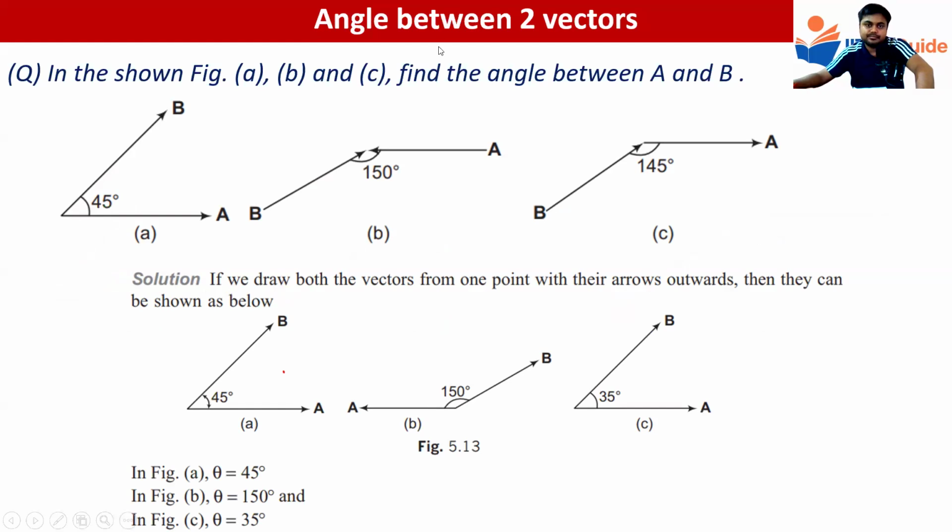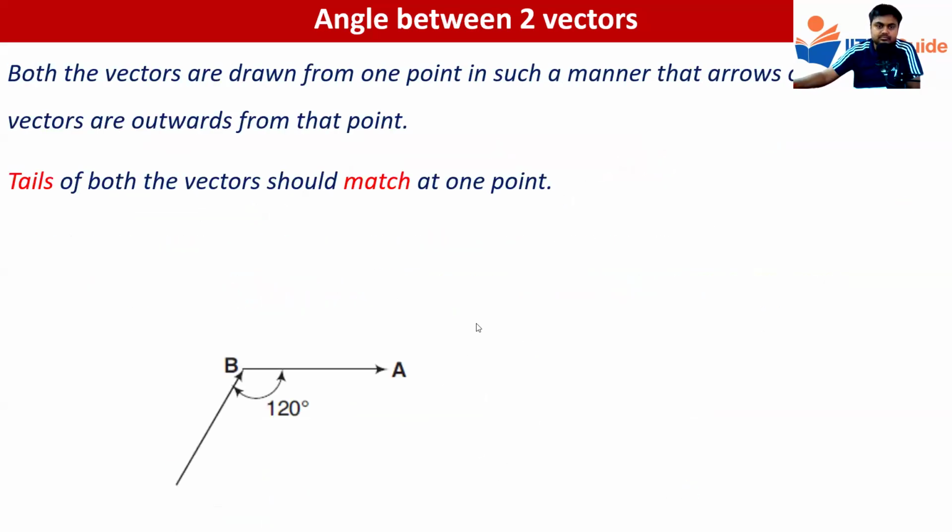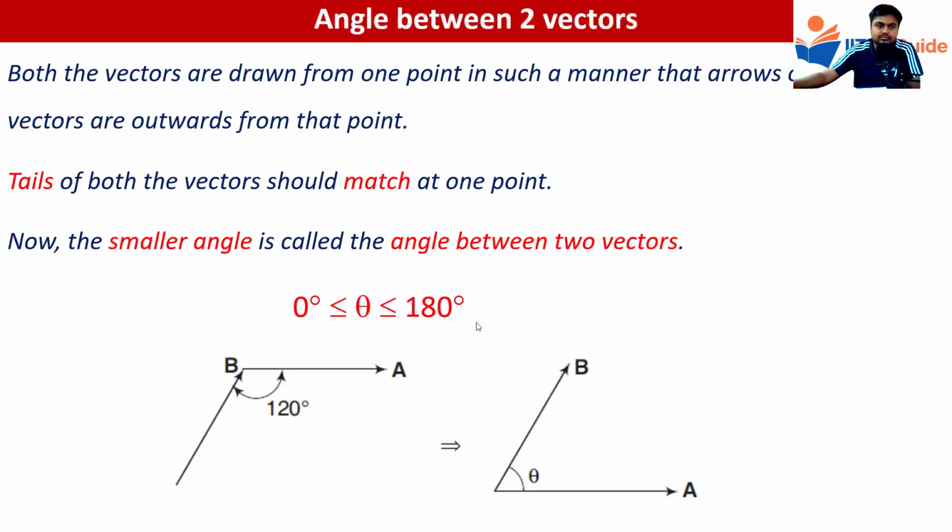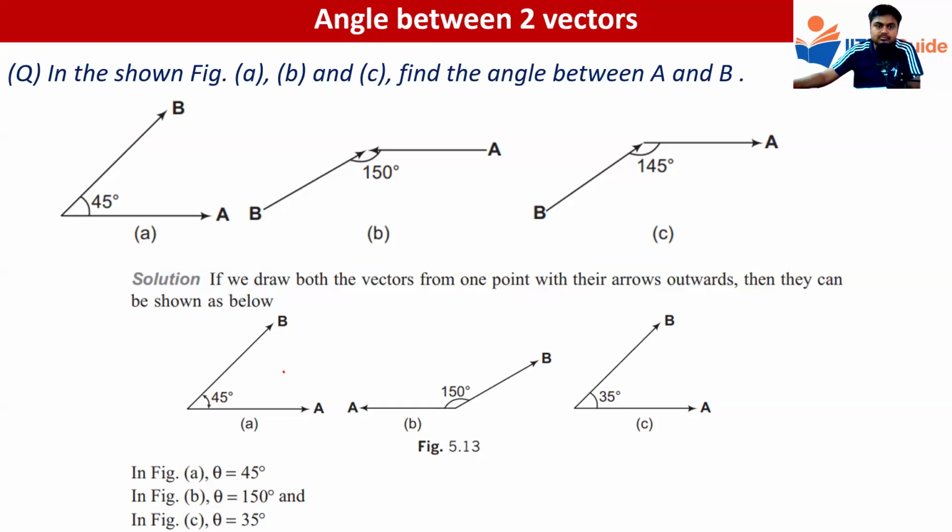Second one is 150, because the tail should be same. Is it clear? Find this.